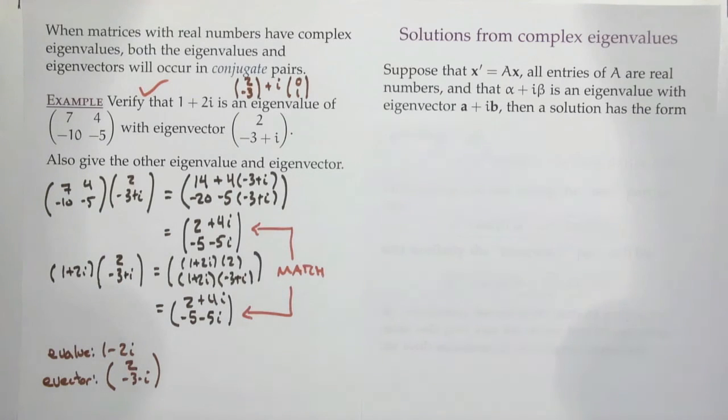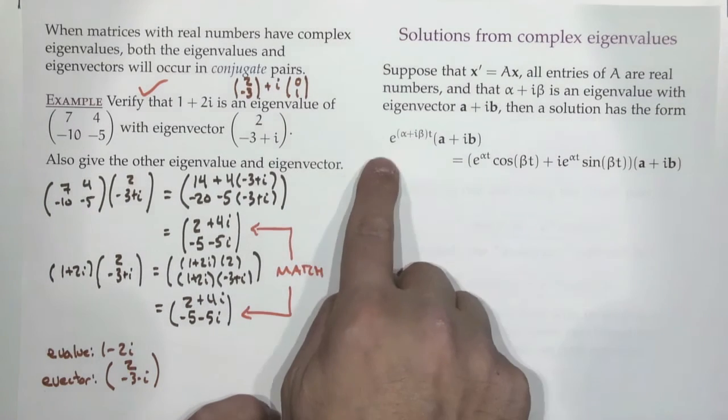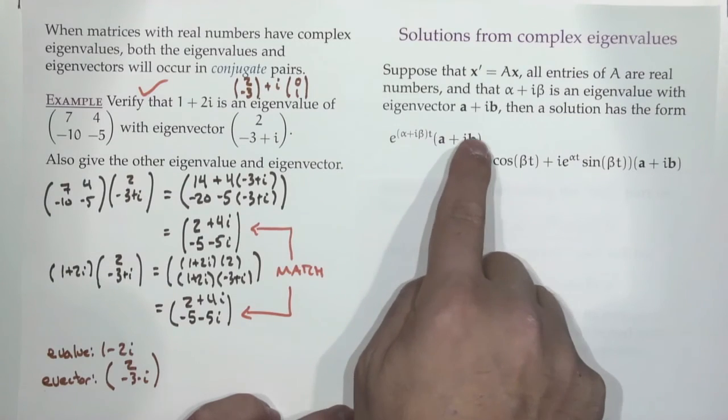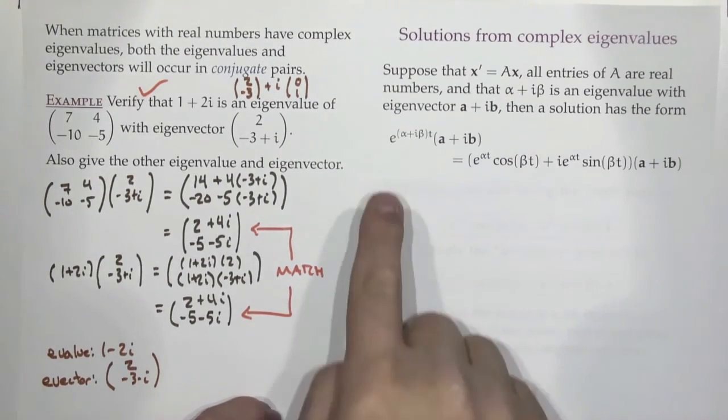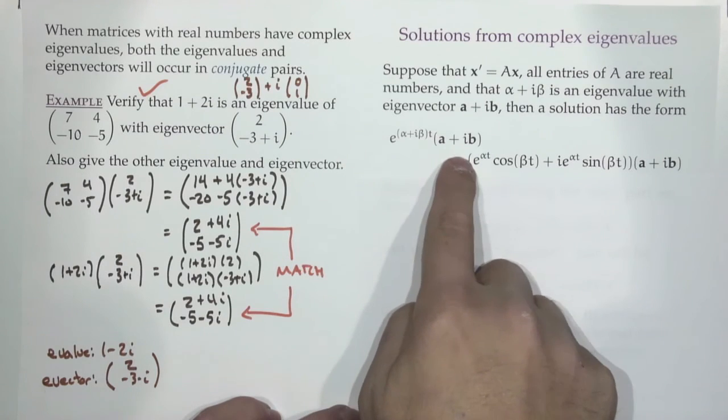So then we say, look, we know the idea. e to the eigenvalue times t times the eigenvector is a solution. It's the same idea that we had before, right? e to the lambda t times v. This is all we're writing down. That's nothing mysterious.